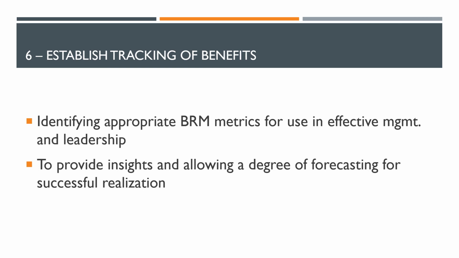There are people responsible for the governance team, and a specialist might help you to identify the appropriate metrics for you to have effective management leadership and to provide insights and allow a degree of forecasting for successful realization. In terms of any changes, flexible things are coming in with any environmental changes. So you need to be flexible and you need to provide the insights of the changes. You need to allow the degree of forecasting for successful realization.